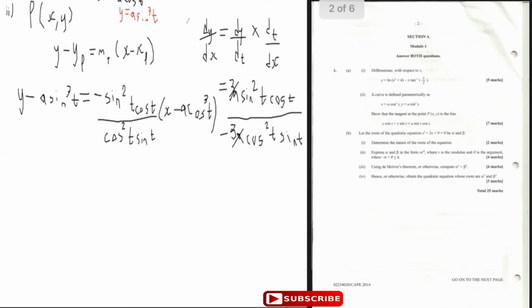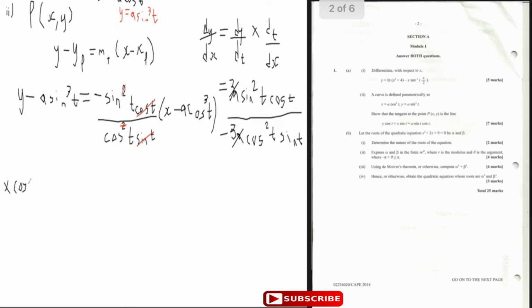Now, before we go any further, as we can see, cos t is going to cancel out the square right here, and sine t is going to cancel the square right here. So really and truly, we have minus sine t over cos t. So we can multiply this equation through by cos t.